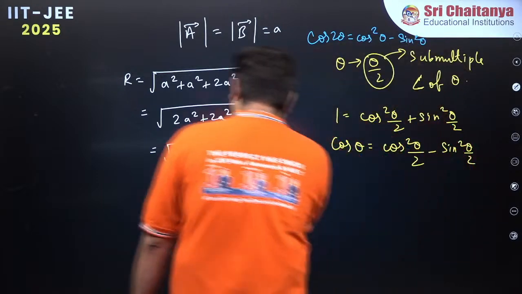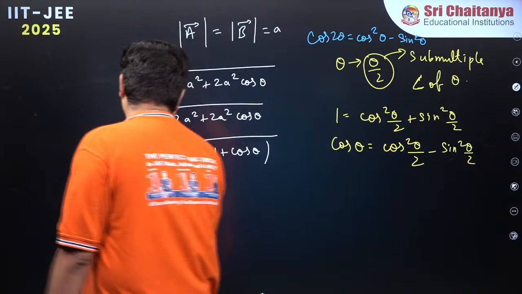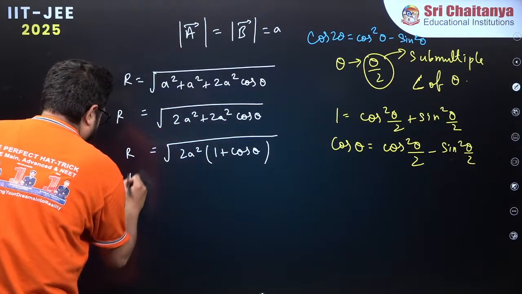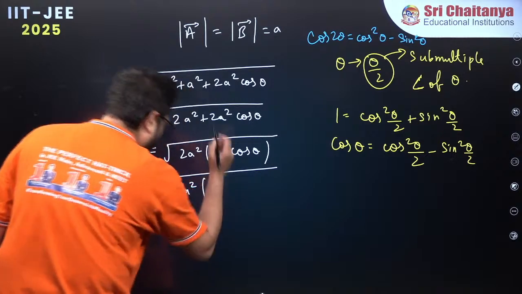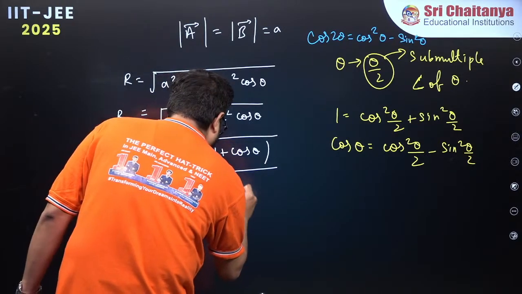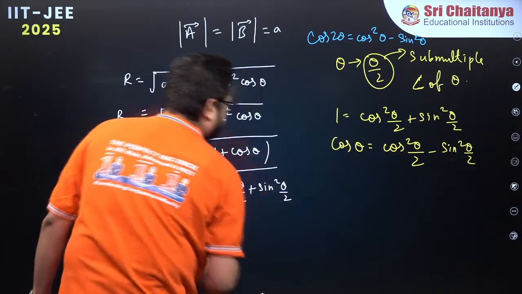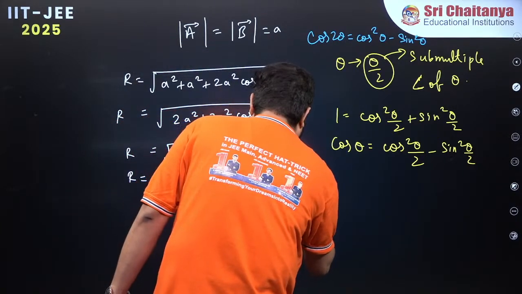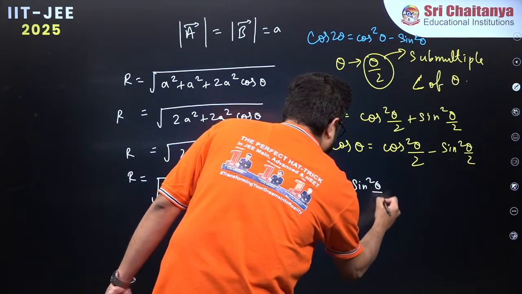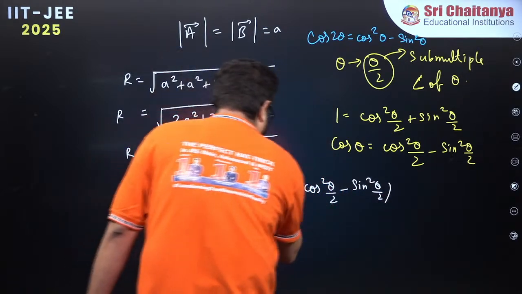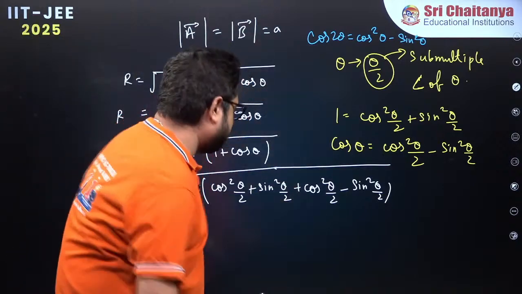Okay, so this is what we need to put over here under the square root expression which we are having in order to find out the resultant. So this is going to be equivalent to 2a square times 1, which can be written as cos square theta by 2 plus sine square theta by 2, isn't it? And cosine of theta can be written as cos square theta by 2 minus sine square theta by 2, isn't it? Just close the open brackets and extend this line associated with the square root, then what are we supposed to get?